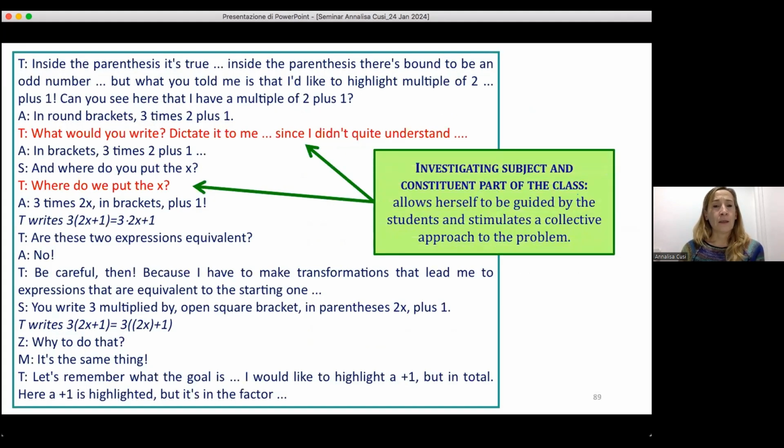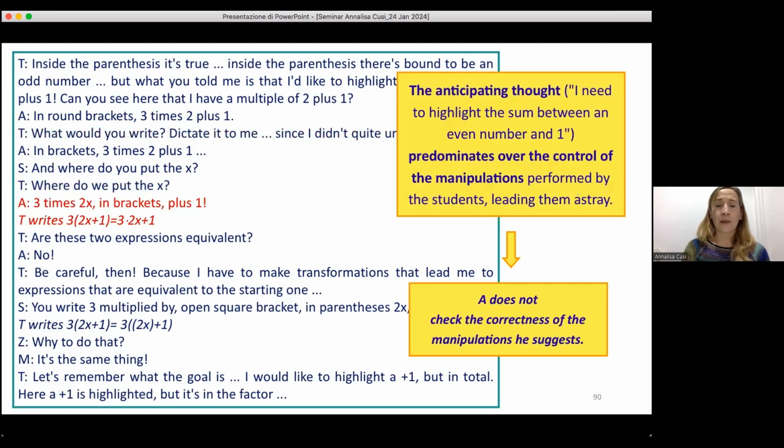Here again, the teacher plays the role of investigating subject and constituent part of the class. She asks the students to dictate to her. She also writes expressions that are not correct because she allows herself to be guided by the students and stimulates a collective approach to the problem.